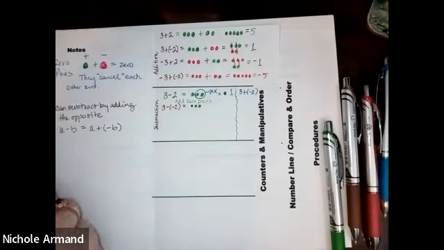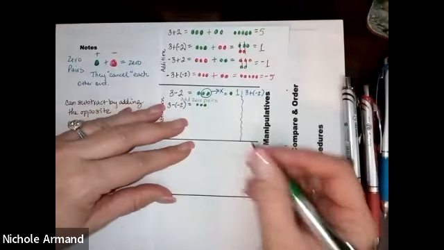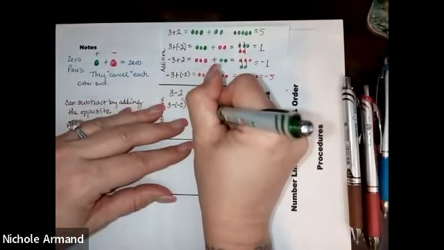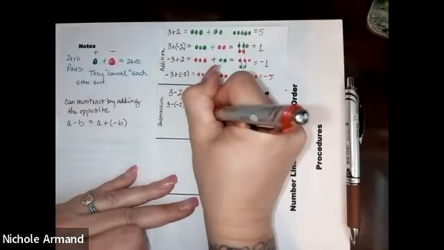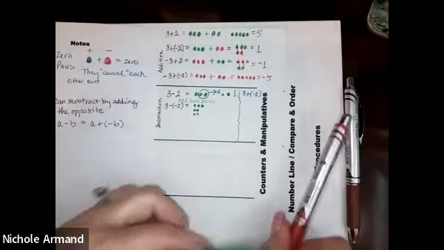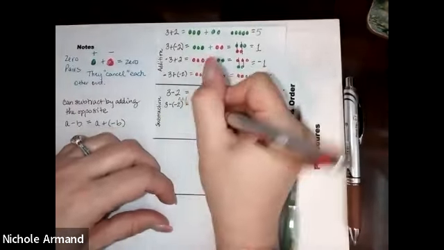And we're going to add enough zero pairs so that we can take away our 2 negative chips that we wanted to do. So here's 2 zero pairs, and my counters are getting pretty small.